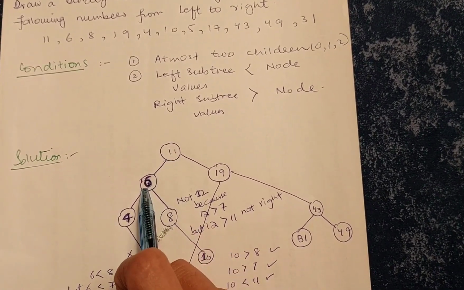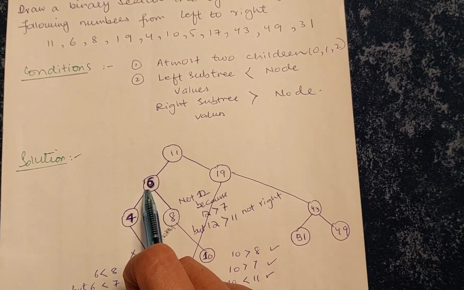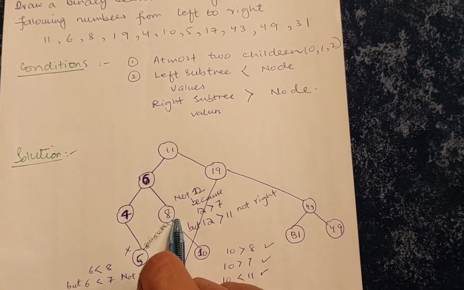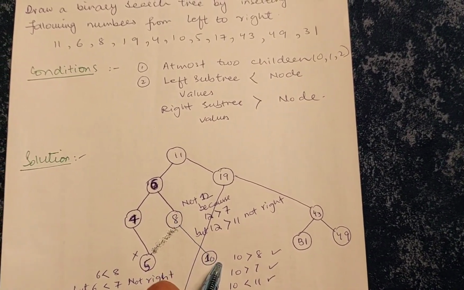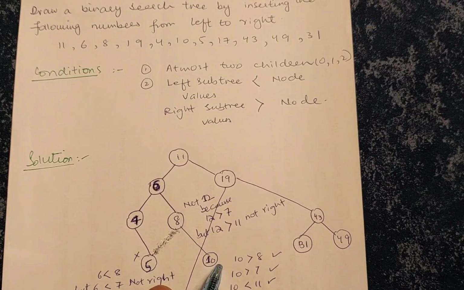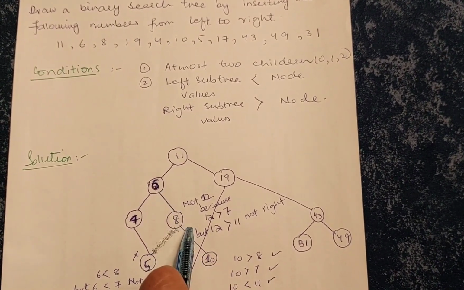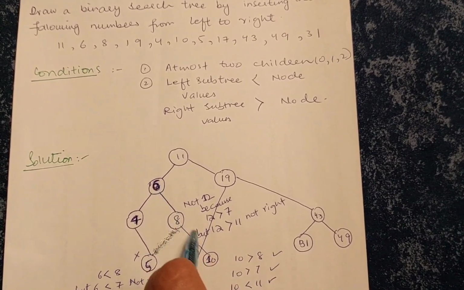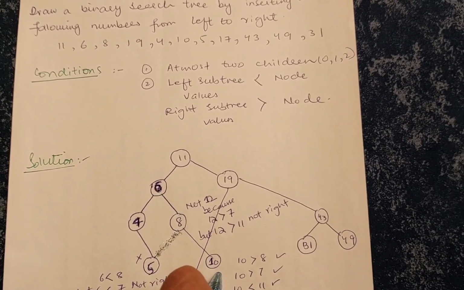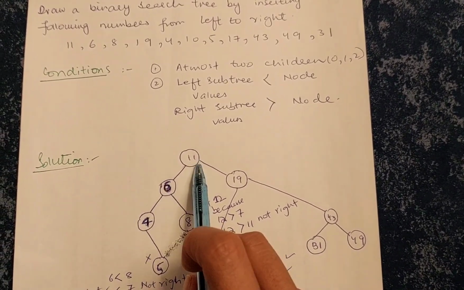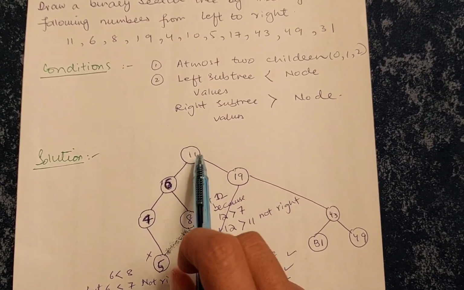From 11 you will come on to the left subtree side, and you had 6, and you had 8, so you will connect this 10 on the right hand side of 8, because 10 is larger than 6 and larger than 8, so it will come on the right of all of them. It will become the right branch of the left subtree of 11. Why did you go on to the left side? Because this 10 was smaller than 11.